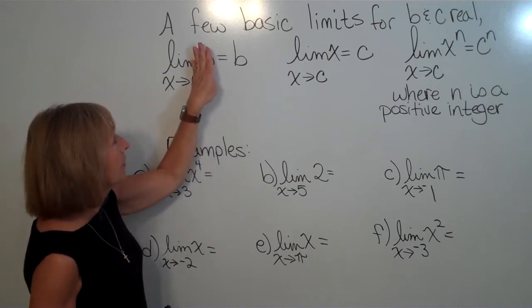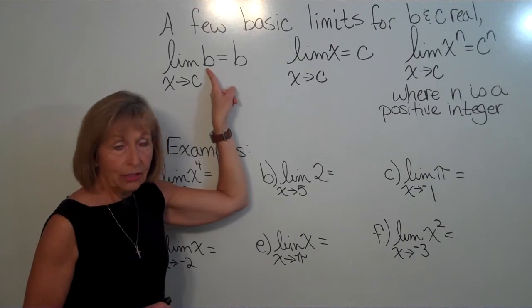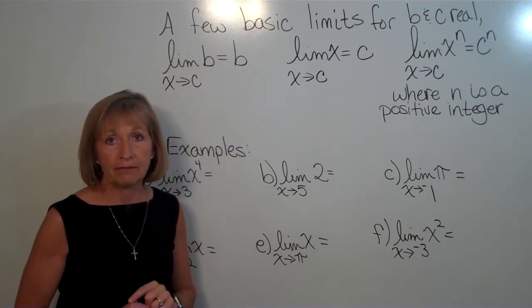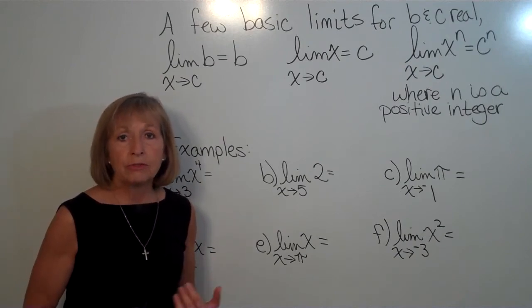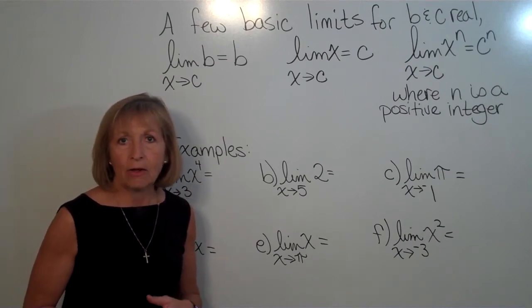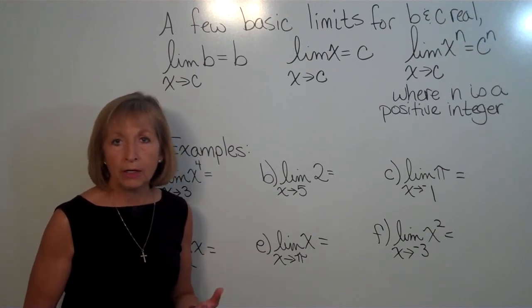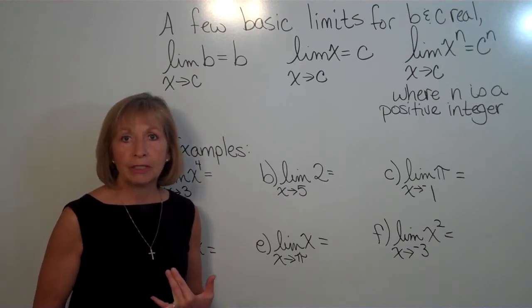And then after the limit, you have to have the expression that the limit is acting on. So you need all of those three parts when you write out the idea of a limit. Remember to do that. Make sure that you don't just put in a few things and not all of it, or it's not giving the full idea of where you're looking and what the function that you're looking at is as well.